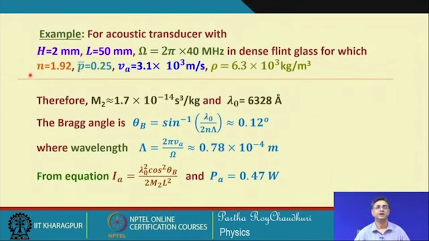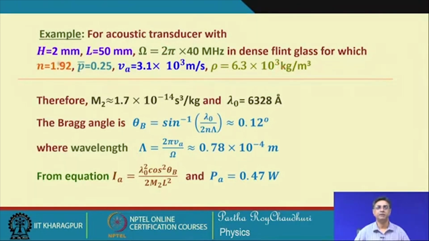Here n is the normal refractive index of the medium, the effective strain optic tensor element is this, the velocity of the acoustic wave in such a medium is given by this, and rho is the density of the flint glass medium.